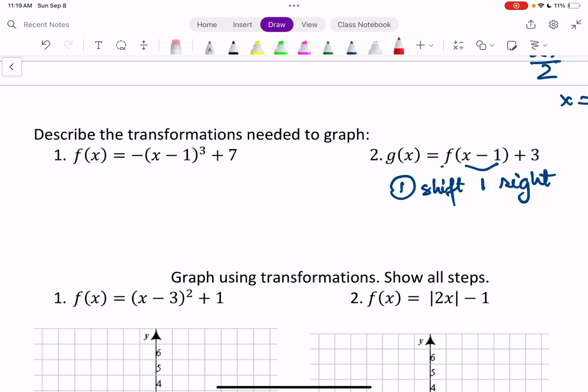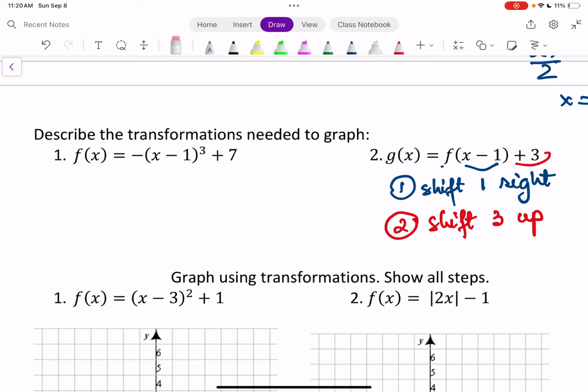And because of the plus 3 added to the function, you're going to shift the whole graph 3 units up. Now, the order doesn't matter. You can go 3 units up and 1 to the right, or you can go 1 to the right and 3 units up. You end up in the same spot. So that order didn't matter.